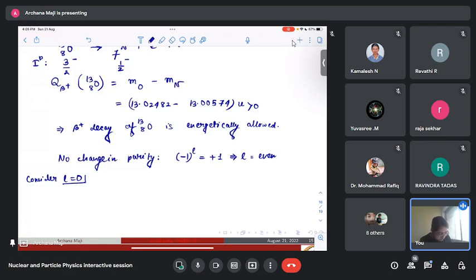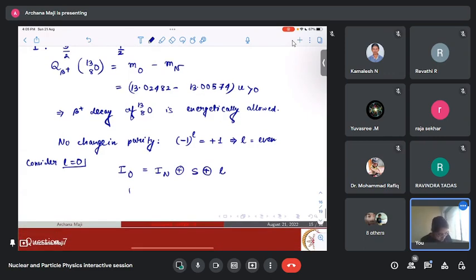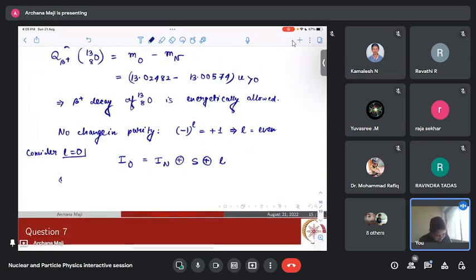And see the angular momentum conservation. Oxygen is equal to nitrogen plus S plus L. If S equal to 0, then we have just half, right?